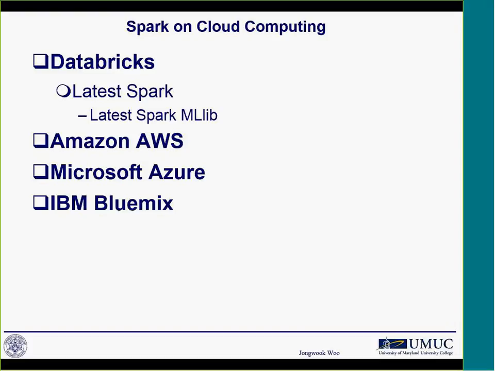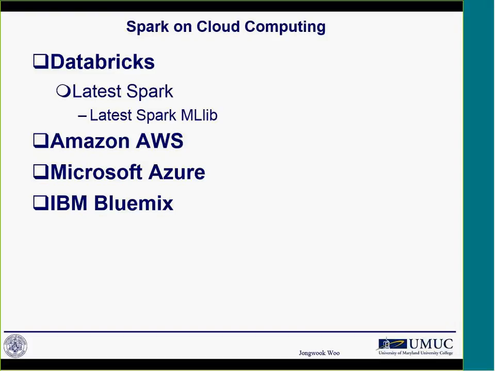Other companies like Amazon AWS, Microsoft Azure, and IBM Bluemix also provide Spark for their own services, but their version is already behind Databricks' latest Spark version.